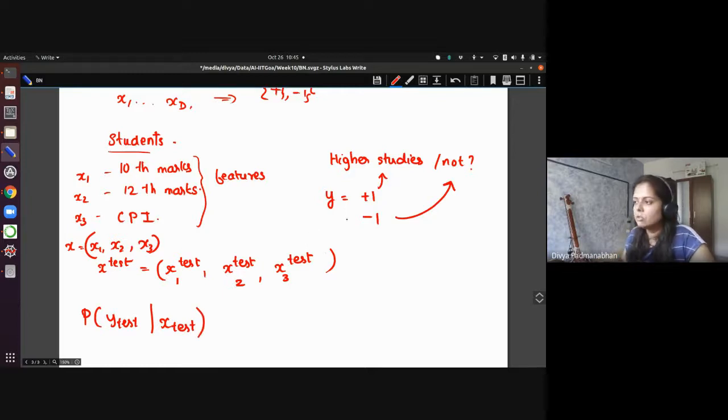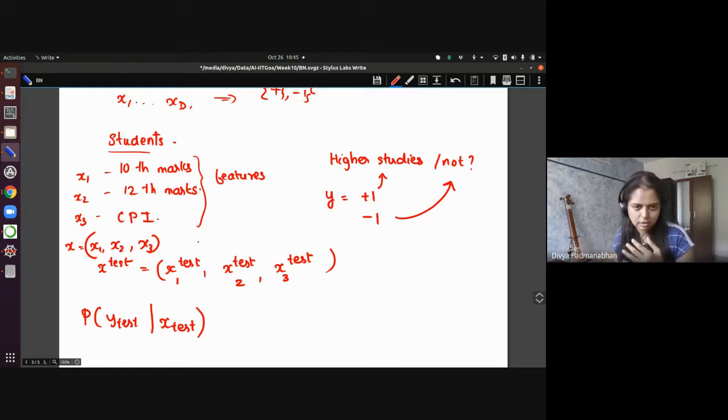So the way we are modeling it, y is a random variable because we don't know. It's not like, if all these are high, then maybe y is +1. But if the 10th mark is low, but the 12th and CPI are high, then is y going to be +1 or -1?